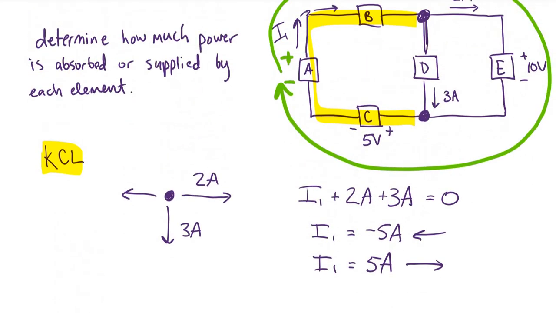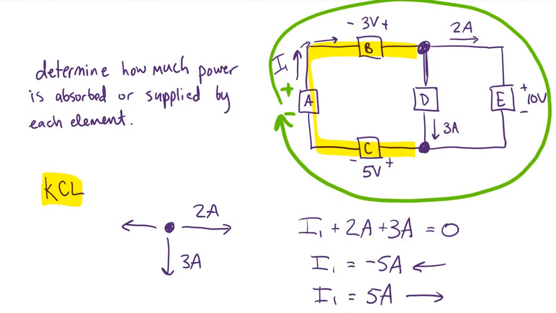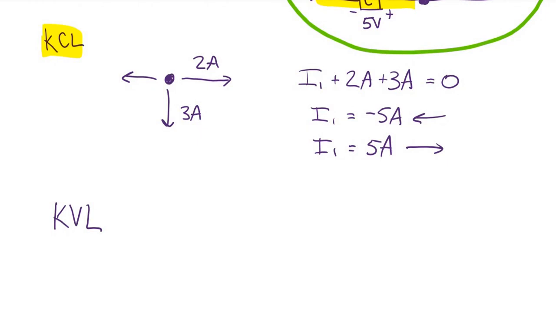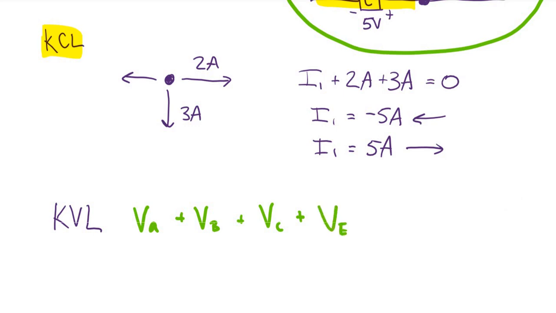Okay. So KVL, I'm looking at elements A, B, E, and C in that outside loop. So VA plus VB plus VC plus VE equals 0.